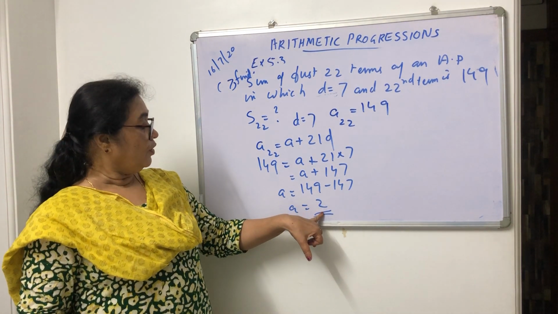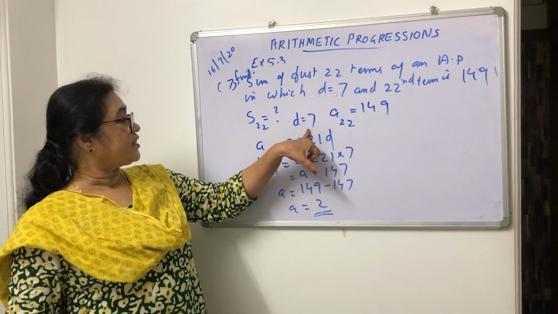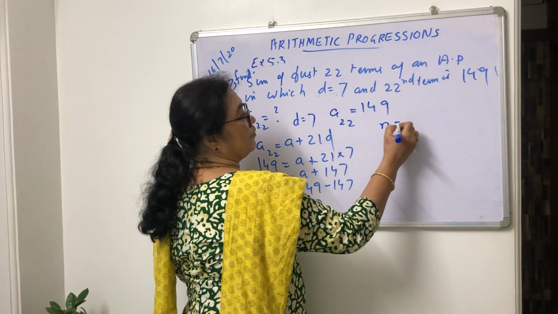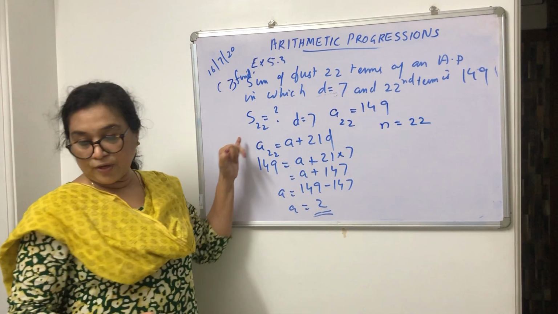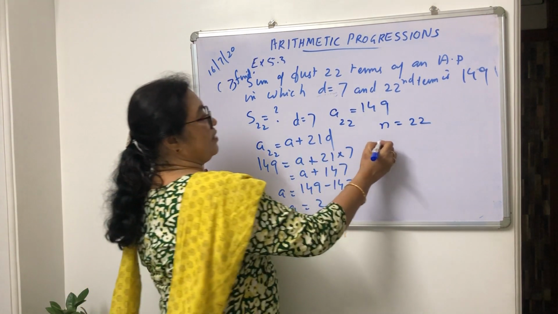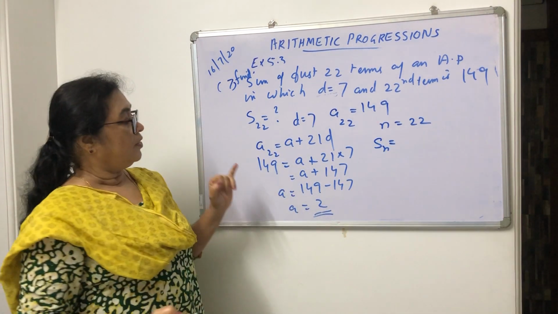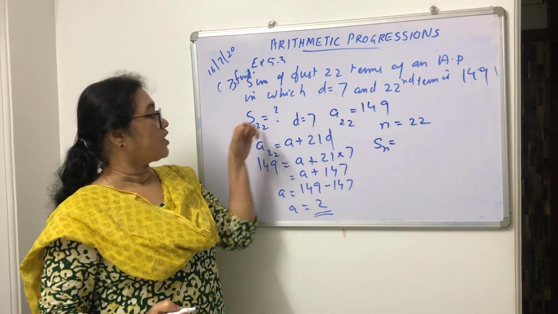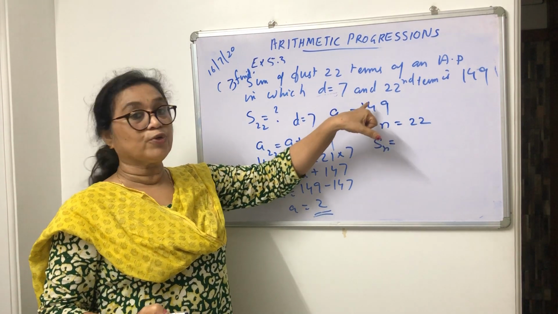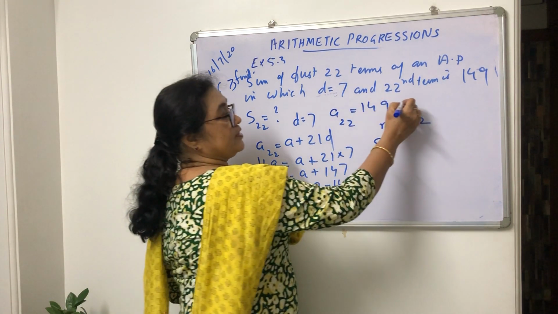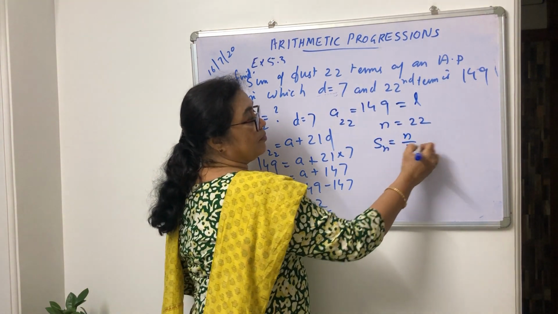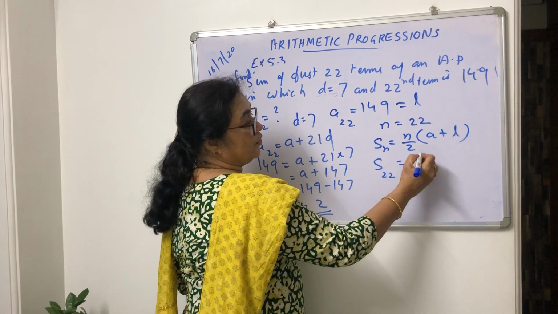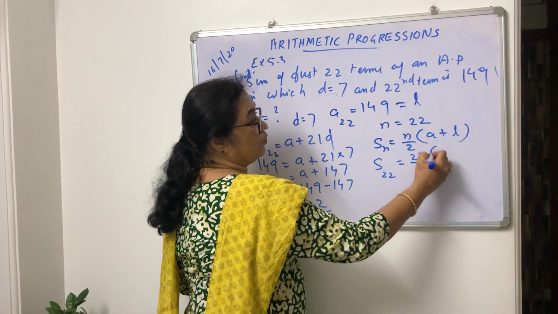So now you know A is 2, D is 7, N is 22. The number of terms is 22. So then you can find out Sn. S22 means sum of 22 terms. Therefore, A22 is the last term. So you can use N by 2, A plus L. So S22 is 22 by 2.